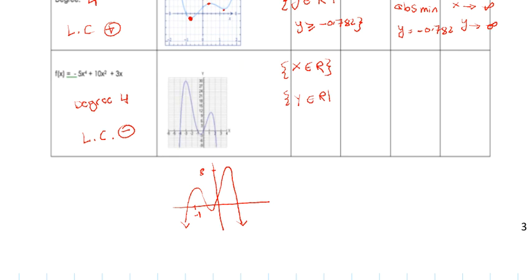Less than or equal to 8.1. How many turning points do you have? Absolute max or absolute min? And the end behavior.